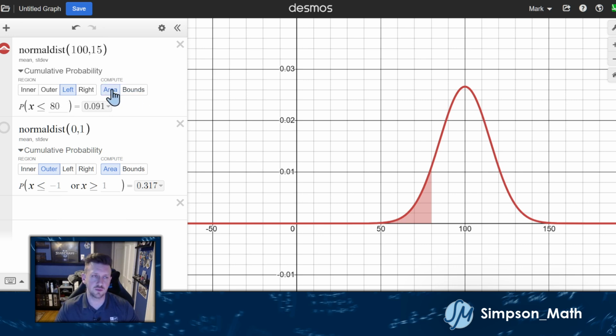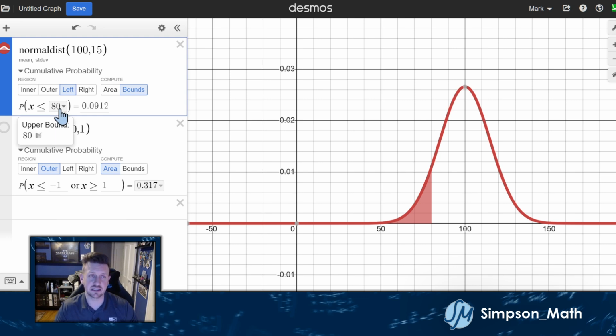You can also know which is which, because notice what's changing when I'm toggling between these two. When I click on area, my input is a boundary and my output is the area. You can tell the output is there because it's the thing you could click on to get the full answer or the more decimal places. If you do bounds, my input is now what was my output before, and my output is now this x value.